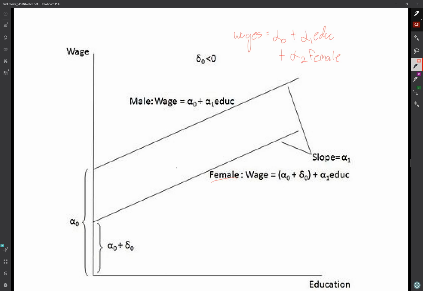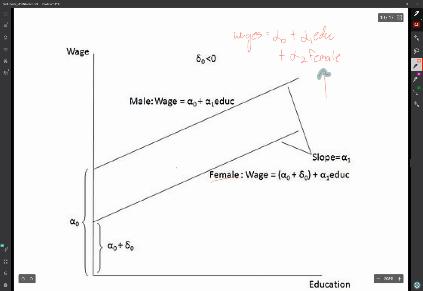So if we're looking at just males, this female characteristic is going to be 0. Our equation then would be alpha 0 plus alpha 1 times education. That would be this line right here.